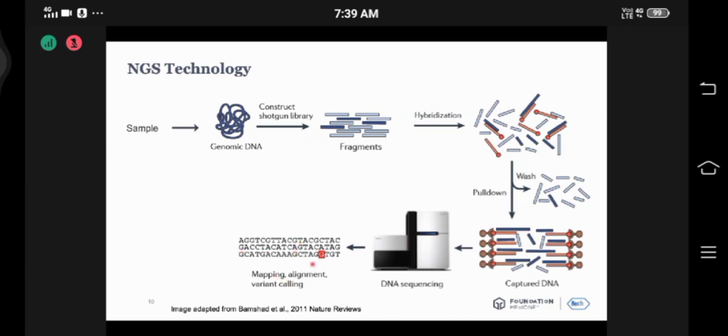Once these are mapped, they are compared against a normal sequence that we know thanks to the TCGA and other genomic atlases that are available, and the abnormal versus normal is compared, and they call out the variants.